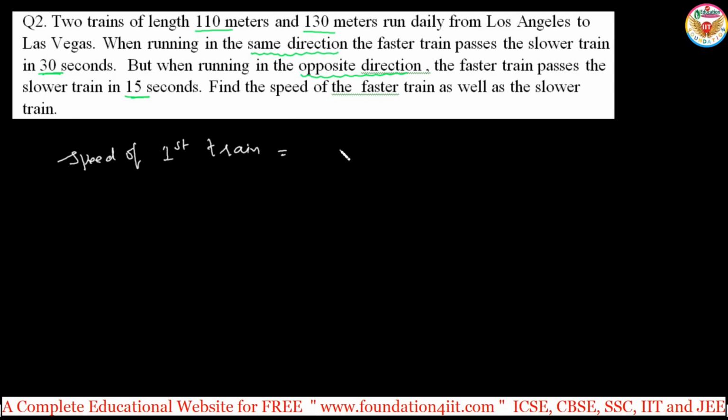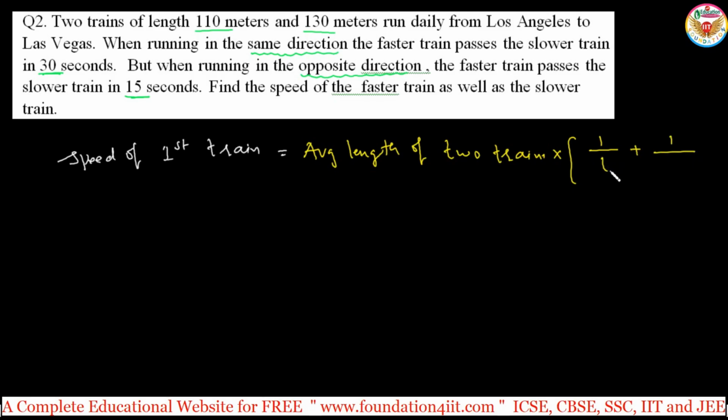So the speed of the first train: the formula is the average length of the two trains into 1 by same direction time plus 1 by opposite direction time.